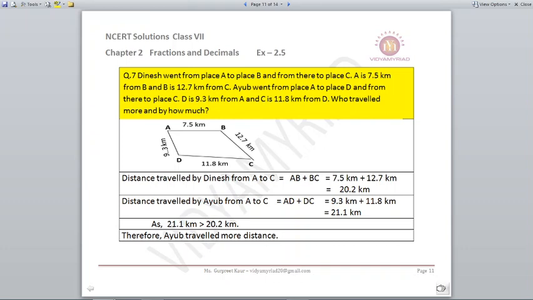Whereas Ayub travelled from A to D and then from D to C. That means AD plus DC. That means 9.3 plus 11.8, which is equal to 21.1 kilometers. So which one is more, 21 or 20? 21. So Ayub travelled more.